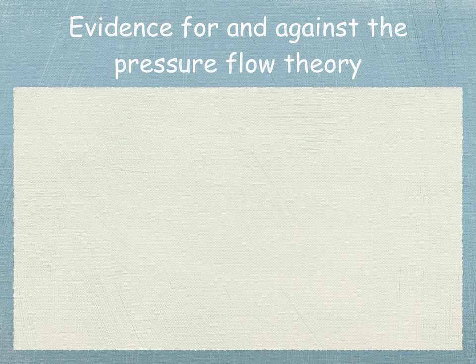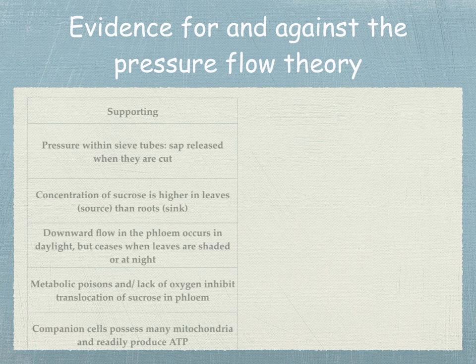Okay, finally, evidence for and against the pressure flow theory. Okay, supporting the evidence, pressure within sieve tubes results in sap being released when these sieve tubes are cut. The concentration of sucrose is higher in the leaves, the source, than in the roots, which is the sink.